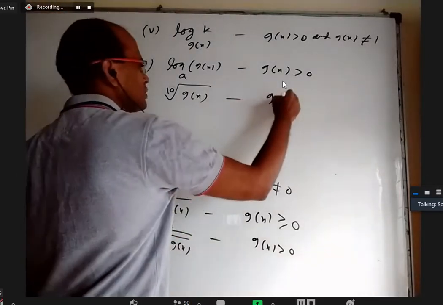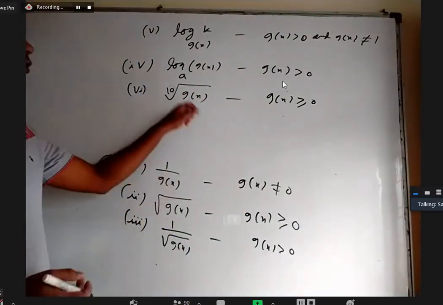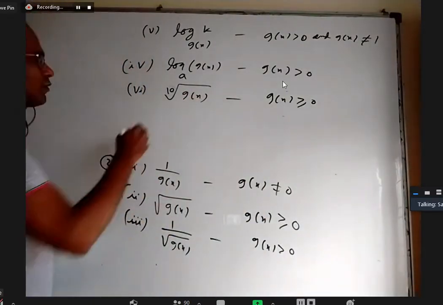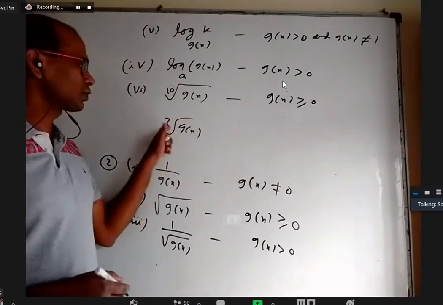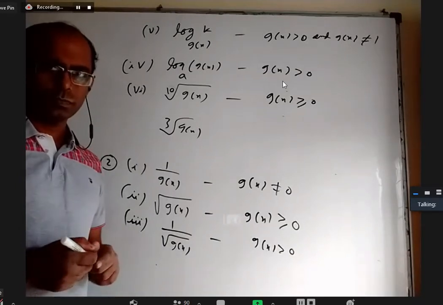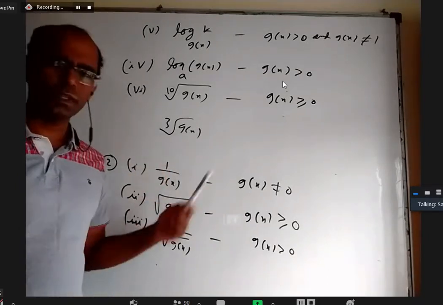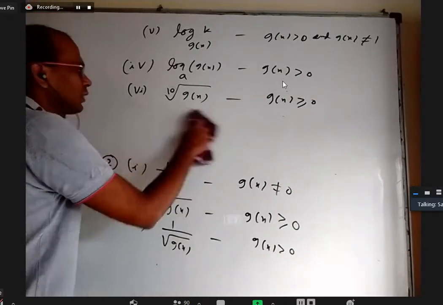Yeah, it is not just the square root. You take any even root, fourth root, sixth root, eighth root, the root of a negative number is not defined. When I give the cube root of g of x, one should not say g of x should be positive. The cube root of a negative number is also defined, right? Here g of x can be positive, negative, anything. So there is no restriction. g of x belongs to all real numbers. Only when you take an even root does the restriction apply.